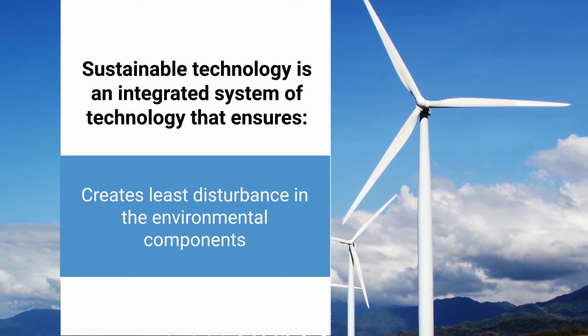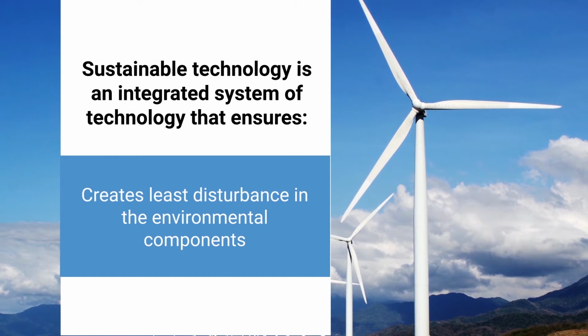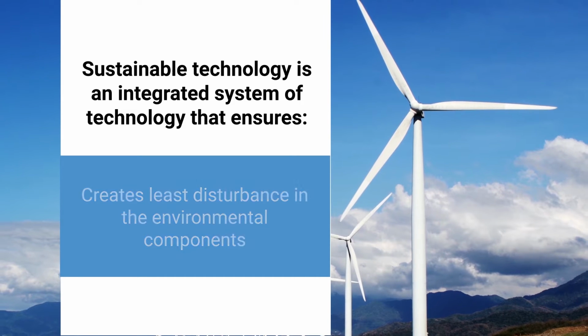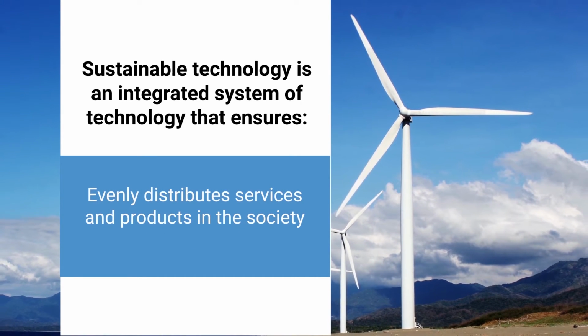It creates least disturbance in the environmental components. What are these environmental components? Air, water, soil, land. And it evenly distributes services and products in the society for human use. Sustainable technology should respect the ethical and cultural considerations of all life forms.